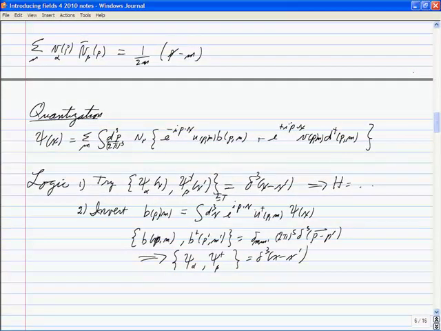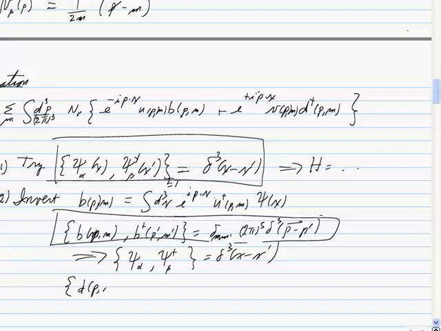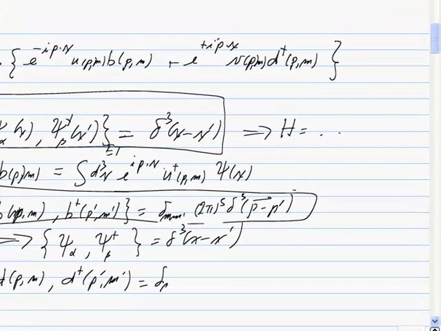Okay, but the answer is we want this, we impose that, and this comes out. And the other one I guess I also needed to do, d of p and m, d dagger of p prime, m prime, delta m m prime, 2 pi cubed, delta 3 of p minus p prime.